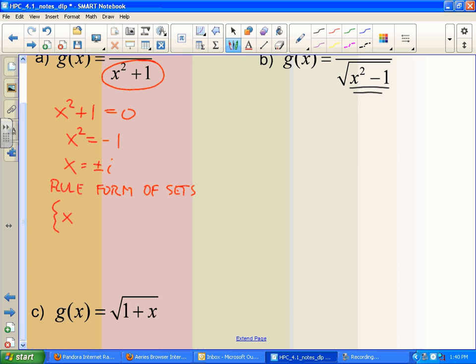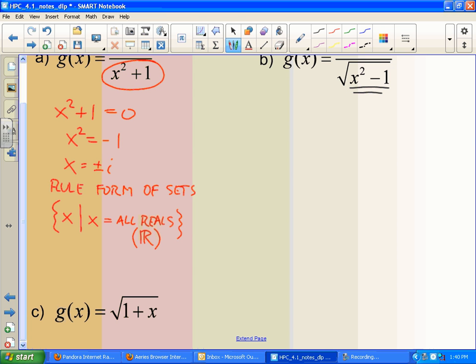So x is such that, vertical line means such that, x's are going to be, in this case, all reals. Now we have a way of writing all reals with a symbol. And it's this. I call it a double barred R. So that is the set notation method of writing domain.